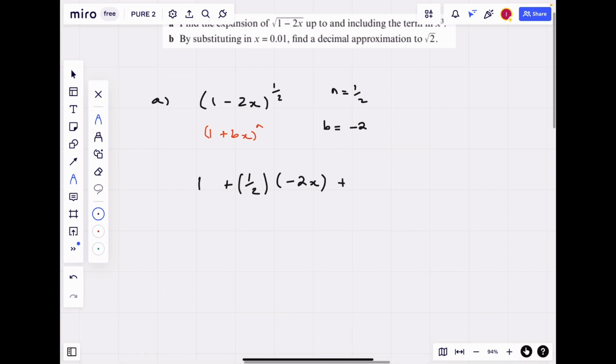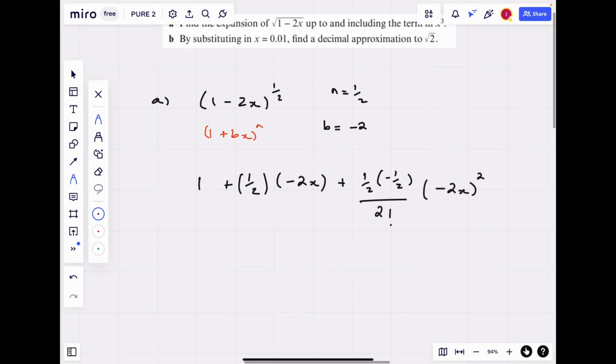The next term is going to be n times (n minus 1) all over 2 factorial, times your bx squared, which is (minus 2x) all squared.